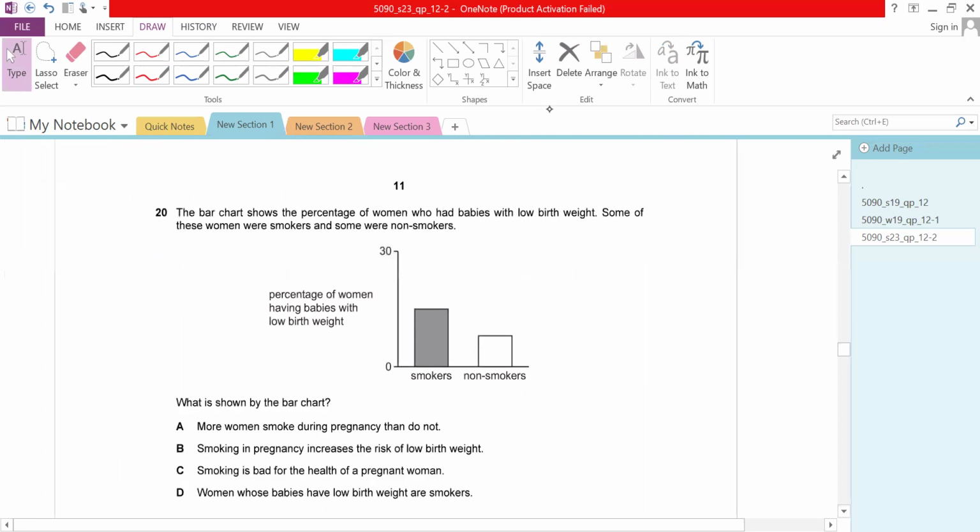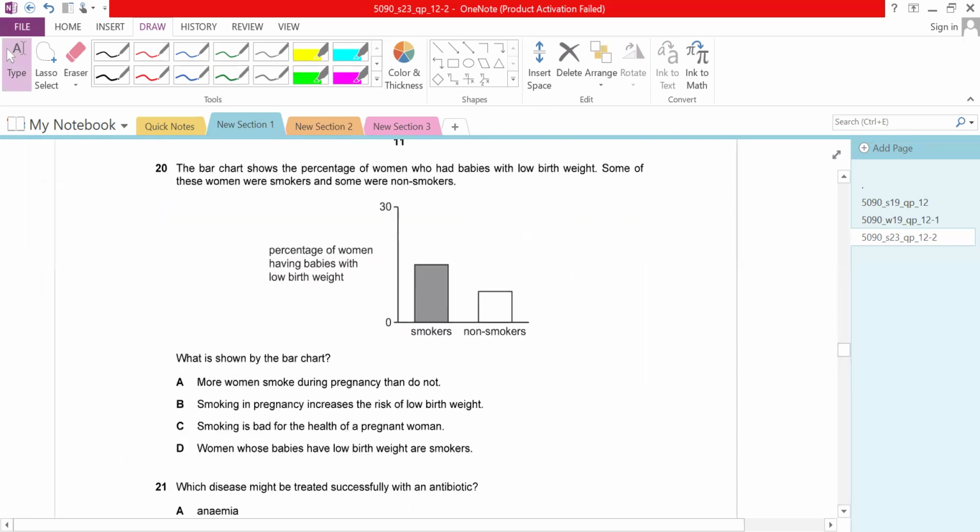Question number 20. The bar chart shows the percentage of women who had babies with low birth weight. Some of these women were smokers and some were non-smokers. So the percentage of the women is given, for the smokers and the non-smokers. What is shown by the bar chart? Read the four statements, look at the bar chart and identify the correct one.